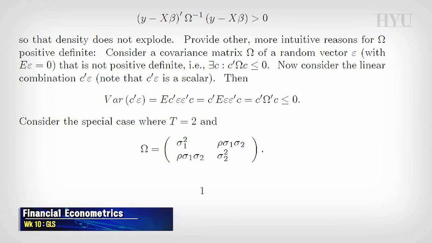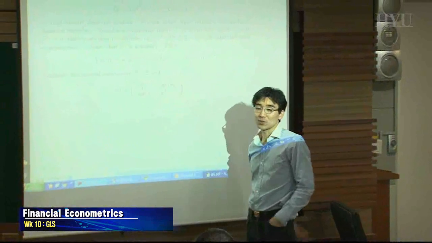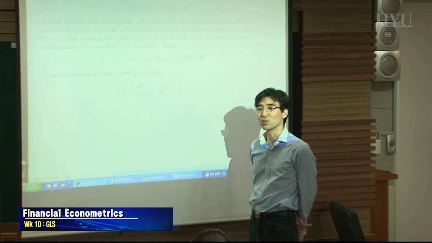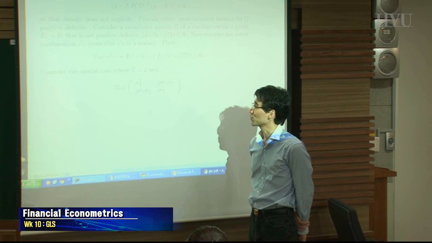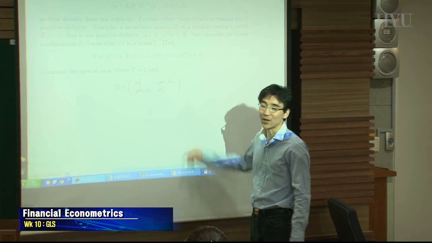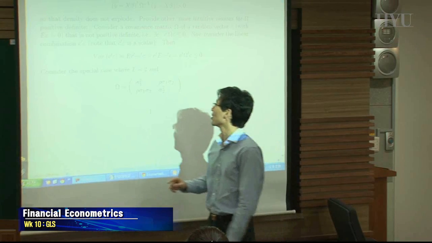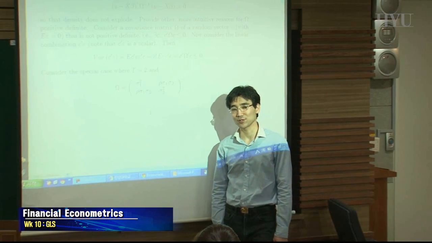Sigma 1 squared is the variance of epsilon 1, sigma 2 squared is the variance of epsilon 2, and the off-diagonal is the covariance of the first and second elements of epsilon. We can decompose the covariance into the correlation and the standard deviations of the two. Clearly it is symmetric, since these two terms are the same.